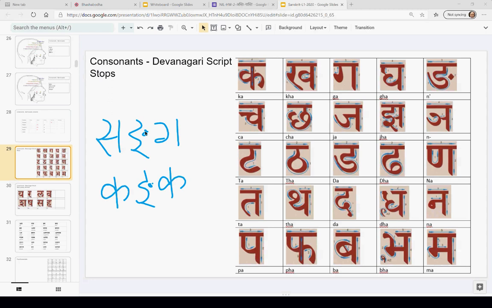You mean ointment. Yeah. That is the usual meaning. There are other meanings also. But the Anjana is like ointment.